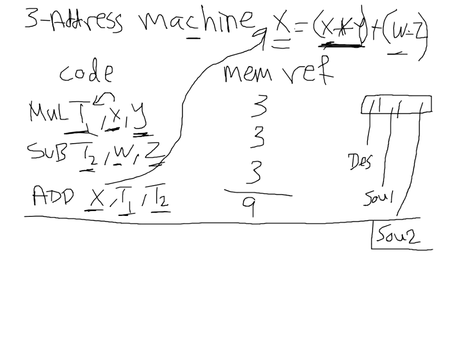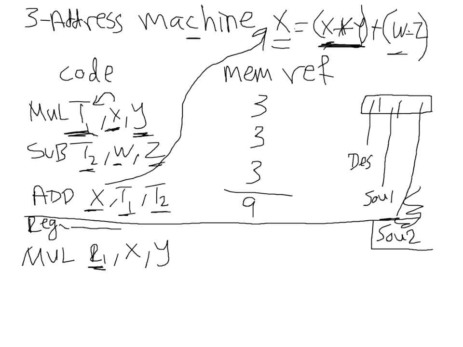Now we can reduce this by using the registers. With registers, we use R's instead of the T, just to represent a register. So we multiply X with Y and store the result inside the register, which is inside the CPU, instead of memory.